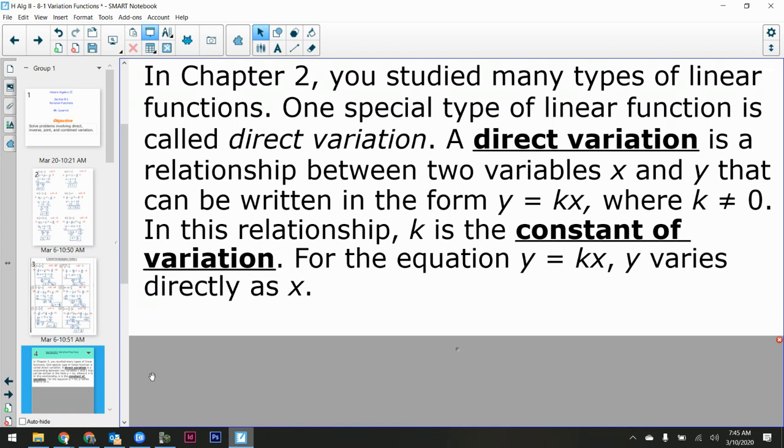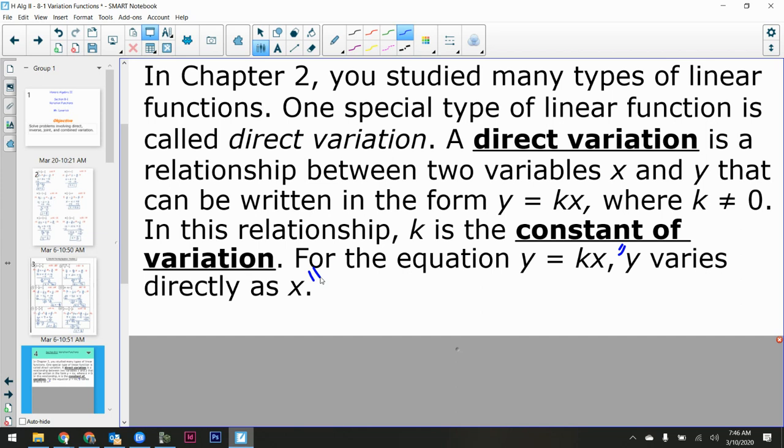You're going to see this phrase. I should restate that: if you see the phrase something varying directly with something else, that means it's in this y equals kx form. It's a direct variation.